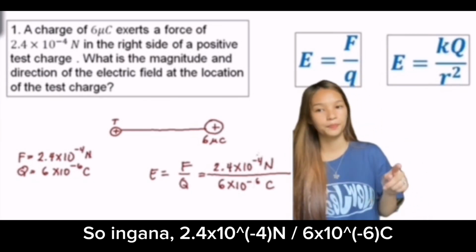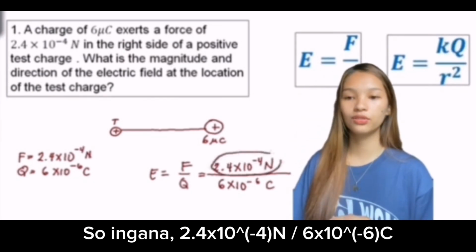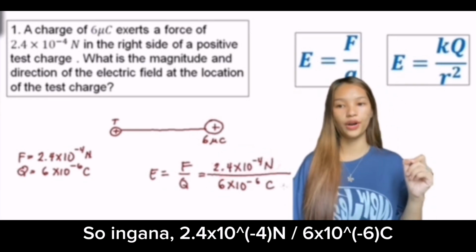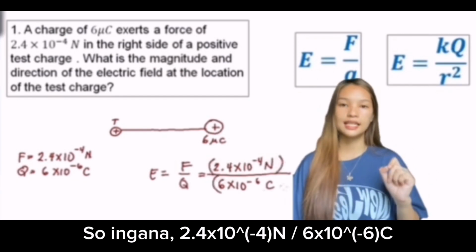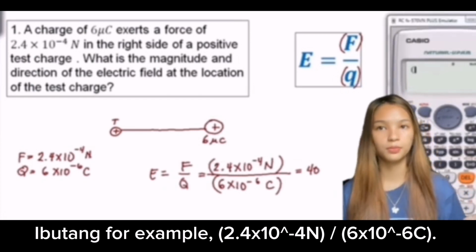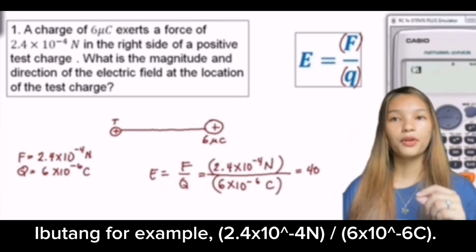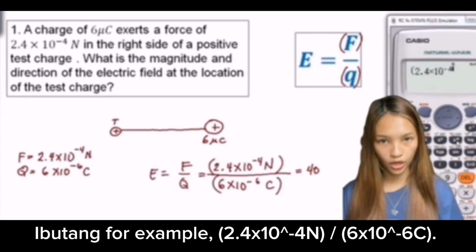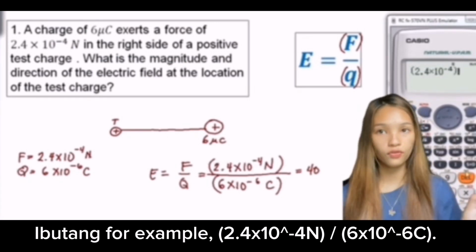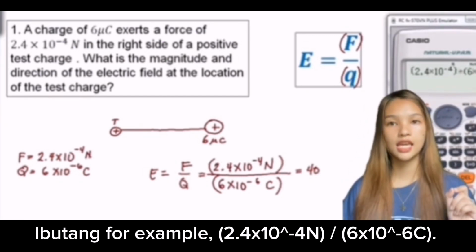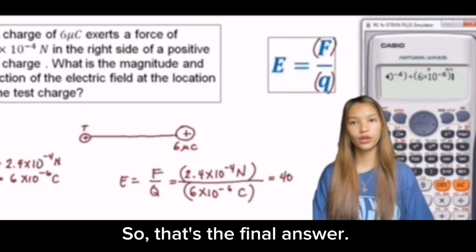So, open parenthesis 2.4 times 10 raised to negative 4 Newton, close parenthesis, over 6 times 10 raised to negative 6 C. So that's the final answer.